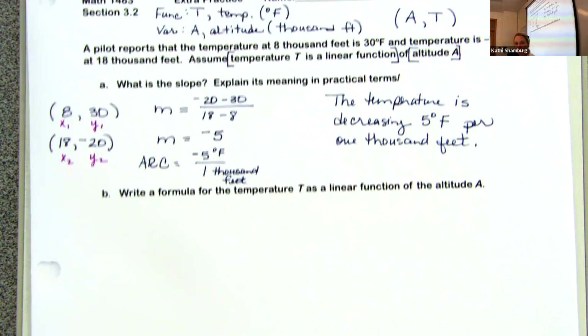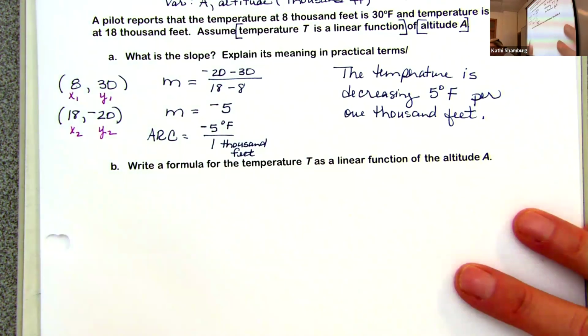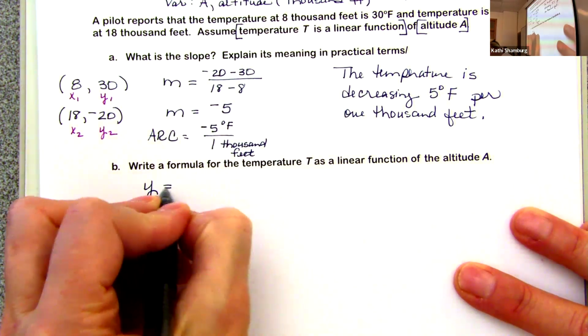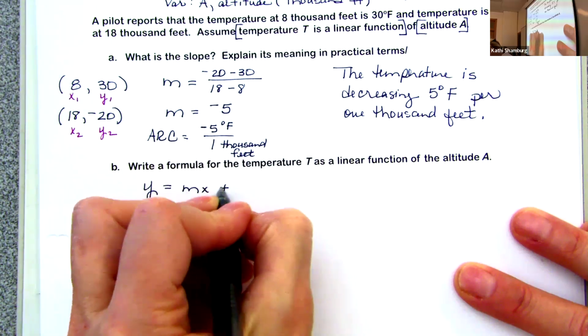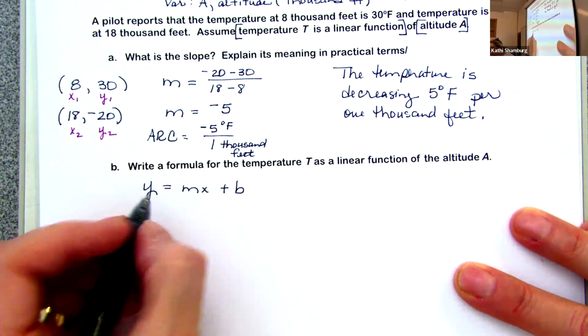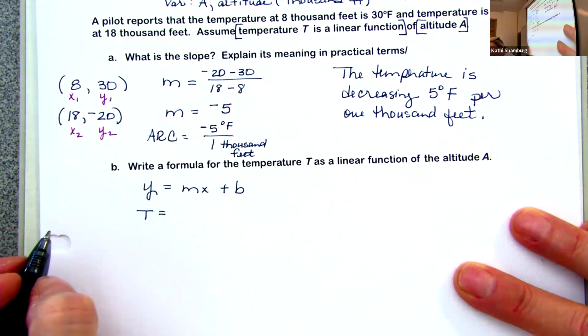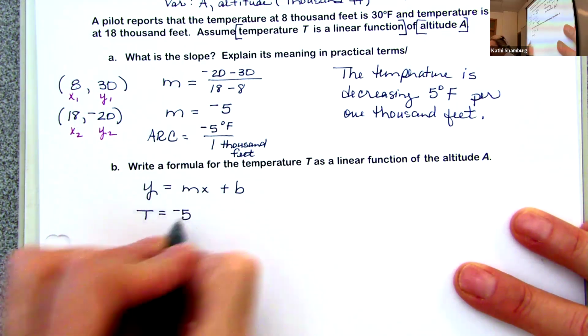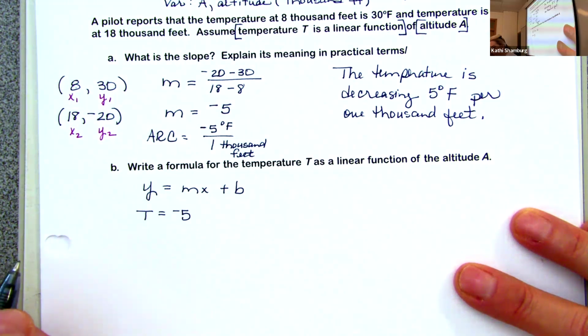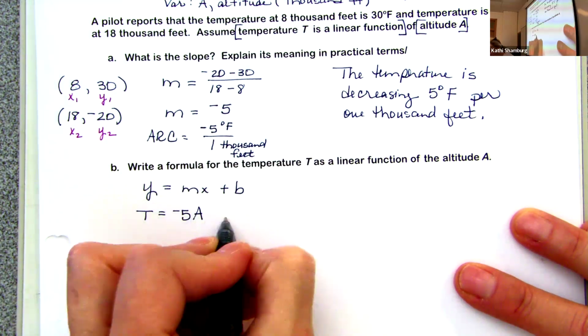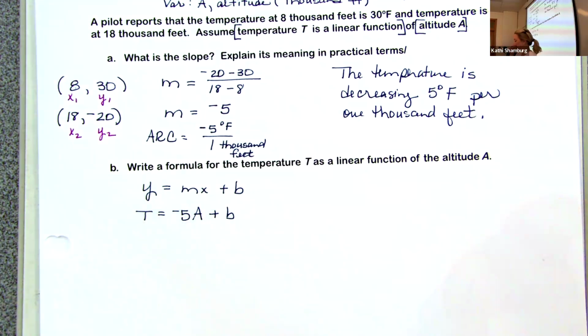Now we're going to write a formula. We go back to y equals mx plus b. My function is temperature. My slope we just found to be -5. My x is my variable, plus b.